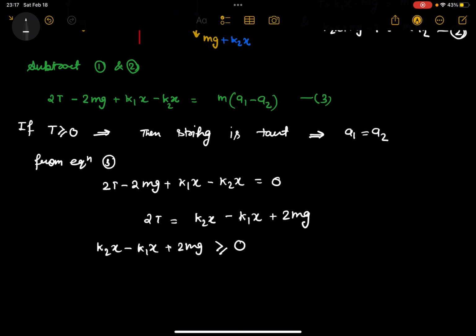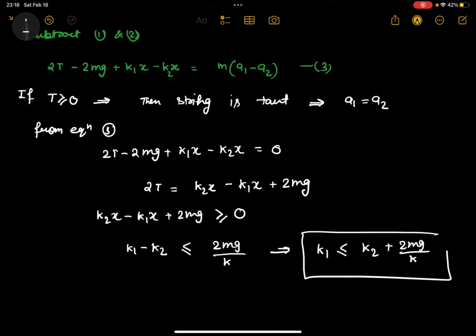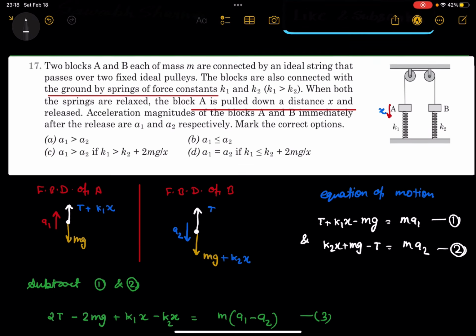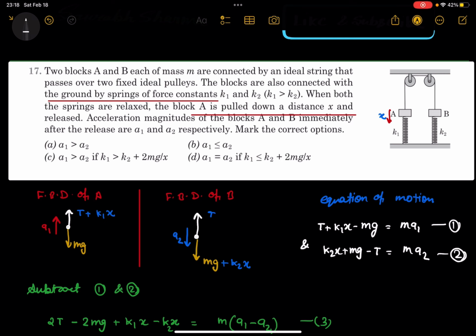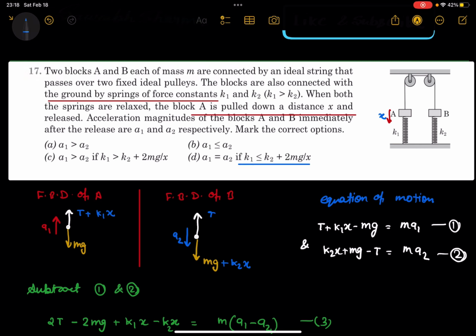Taking the negative common, K1 minus K2 is less than or equal to 2mg by x, so K1 is less than or equal to K2 plus 2mg by x. So if a1 equals a2, the condition is K1 less than or equal to K2 plus 2mg by x, and the acceleration of both blocks is the same.